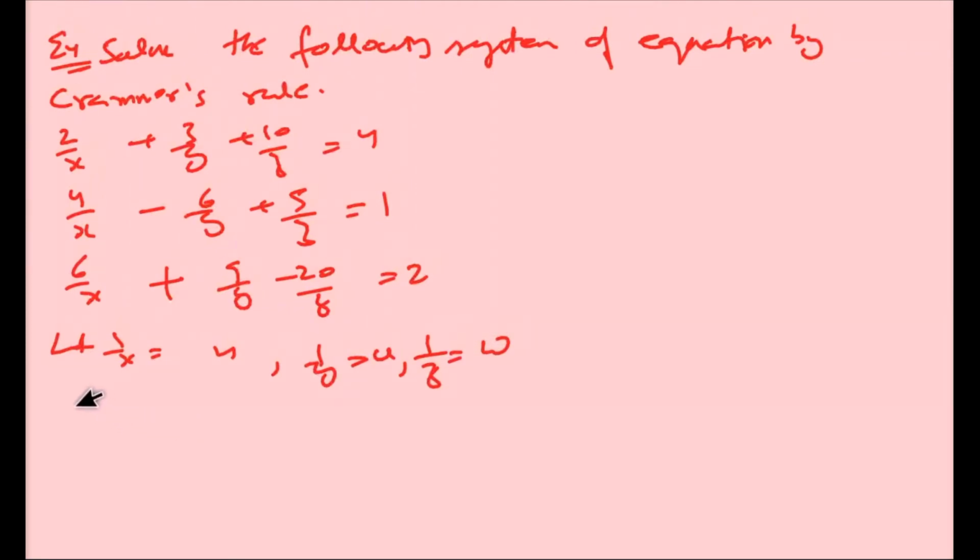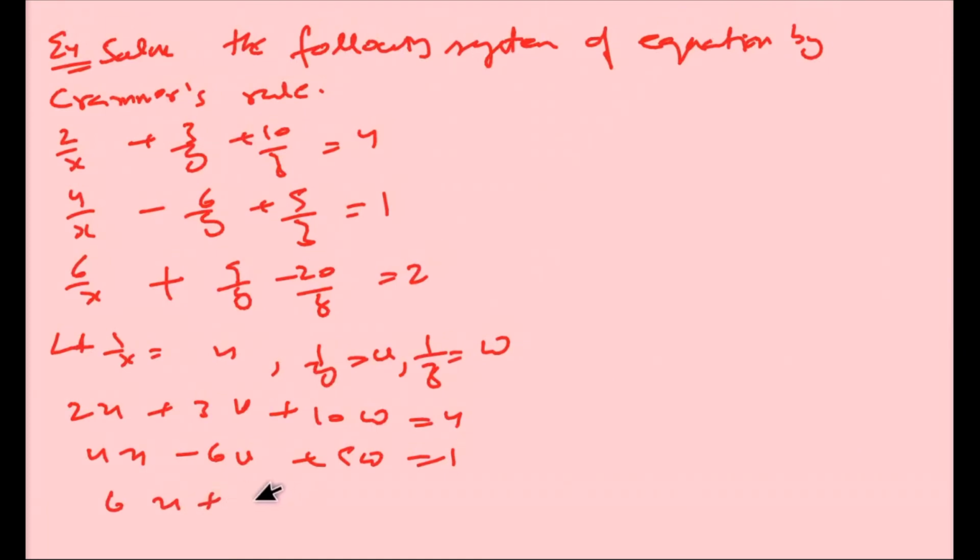So our equations will be 2u plus 3v plus 10w equal to 4, and 4u minus 6v plus 5w equal to 1, and also 6u plus 9v minus 20w equal to 2.